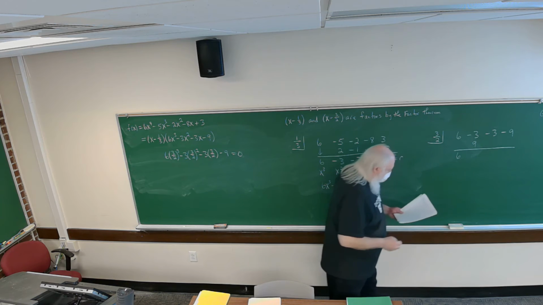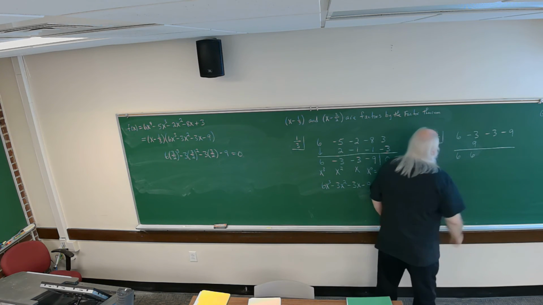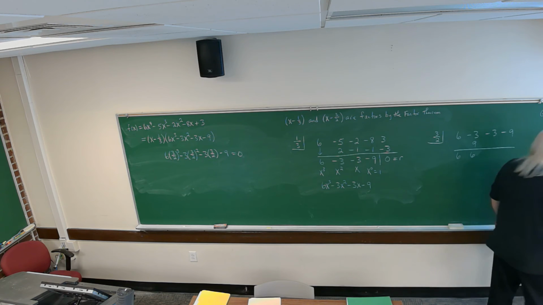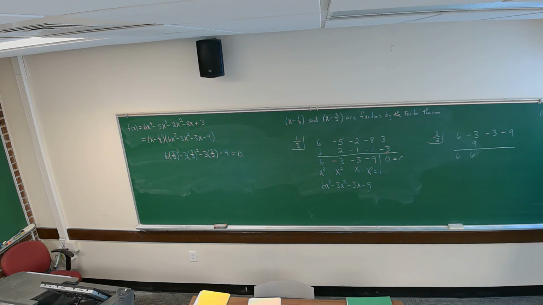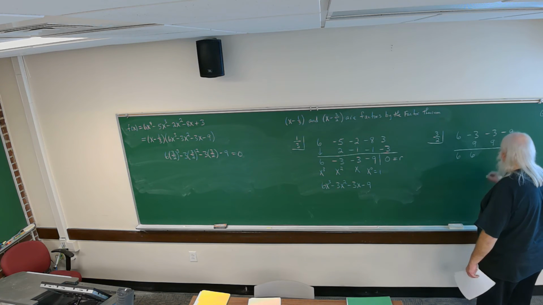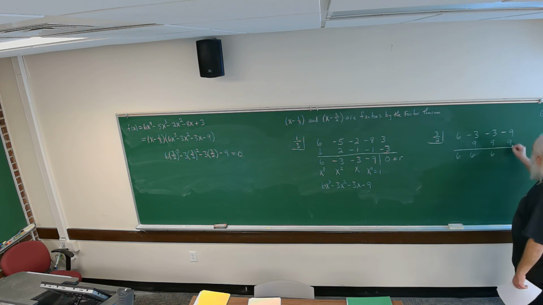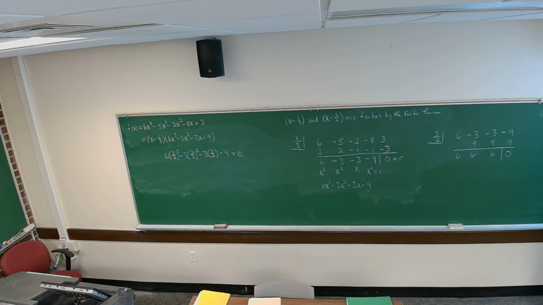That goes in the next column. Minus 3 plus 9 is 6. And then 3 halves times 6 again is equal to 9. That goes in the next column. Minus 3 plus 9 is 6. Again, you multiply 6 times 3 halves and get 9. Minus 9 plus 9 is 0. And you box the last number. That's the remainder. Remainder is 0, just like we expected.